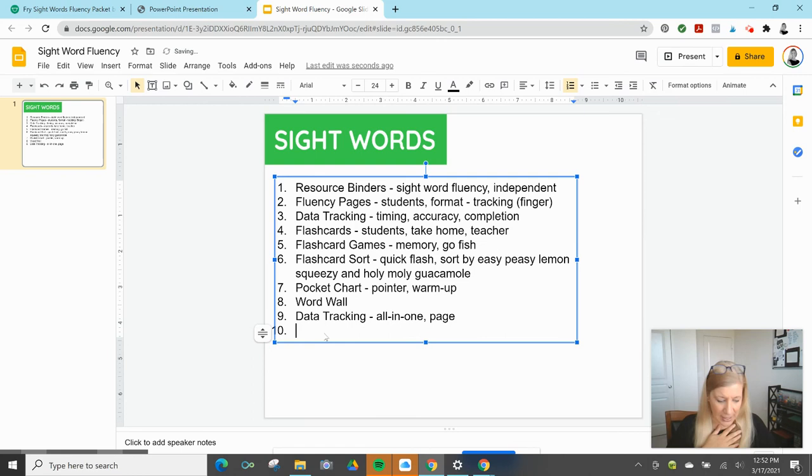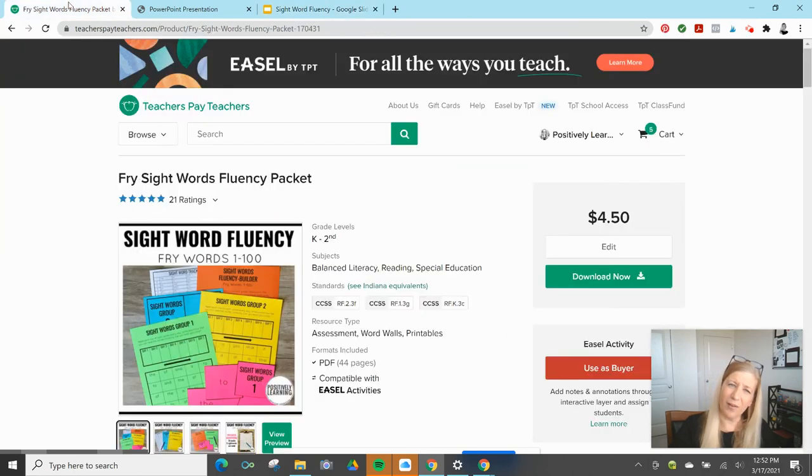And then the last thing is something that we did not really speak about, which was the fluency aspect. You can take this packet and use it in 2 different ways. We talked about the fluency as part of the resource binder, working on these words independently, but then I also talked about how we would tackle 5 words a week and work on them as if those were the new sight words, which is more instructional.